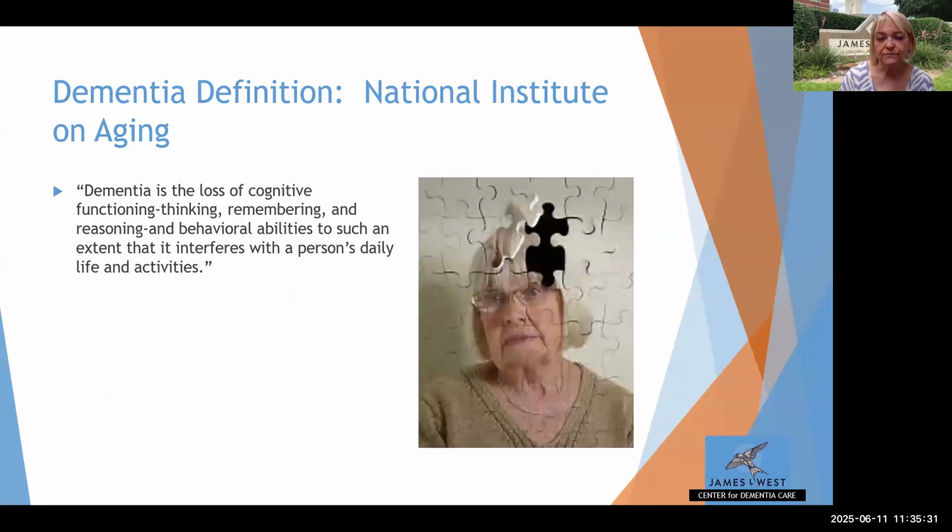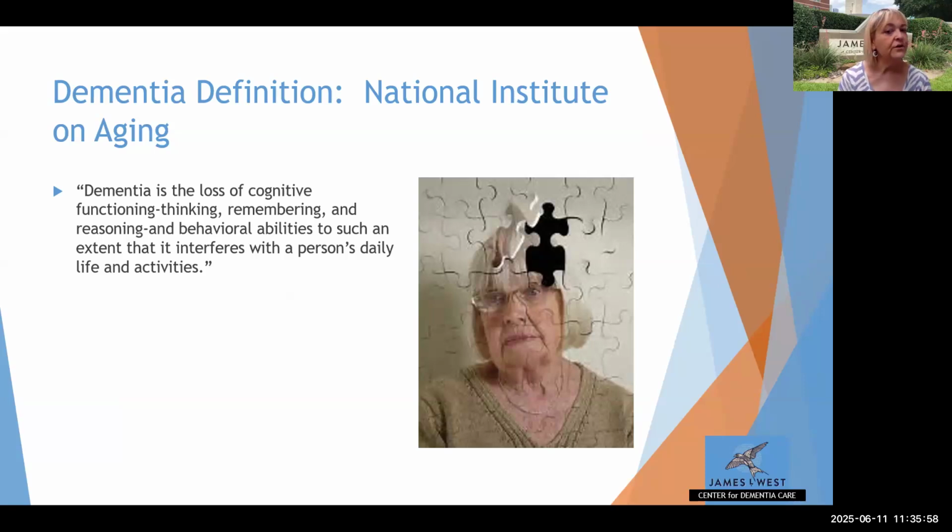That word dementia, again, it's so much more than memory loss, as most of you already know. But let's look at the actual definition from the NIA, the National Institute on Aging. Dementia is the loss of cognitive functioning, thinking, remembering, reasoning, behavioral abilities to such an extent, here's the key, that it interferes with a person's daily life and activities.